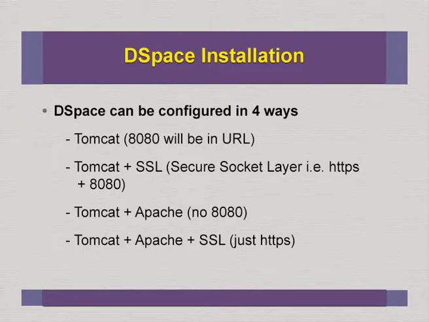And if you want something even more complex, in addition to Apache, you add secure socket layer, then probably your URL would look like https:// and your URL. In our case, https://drtc ISI bang ACN to access our digital repository.